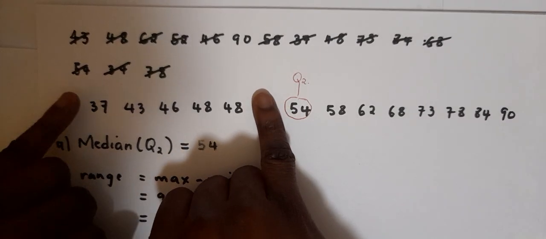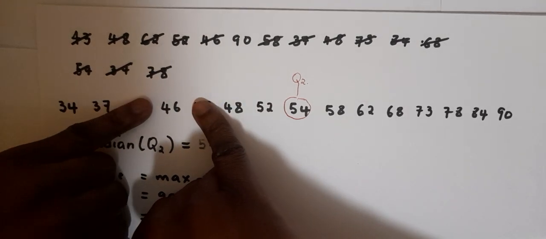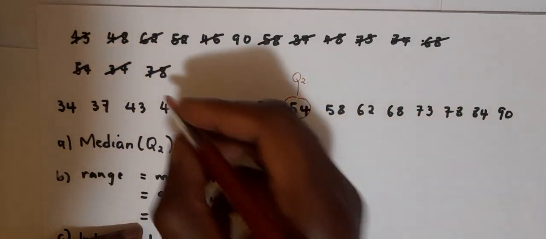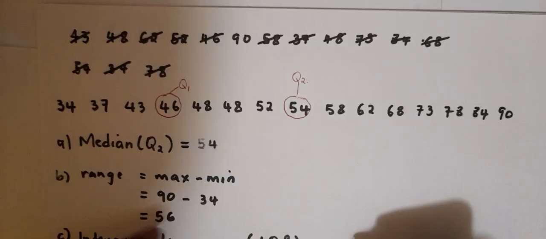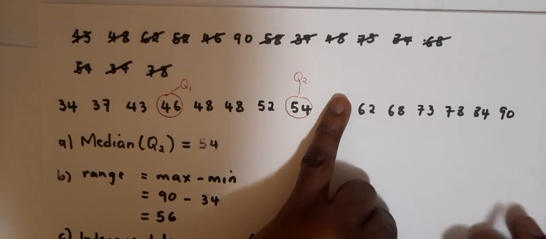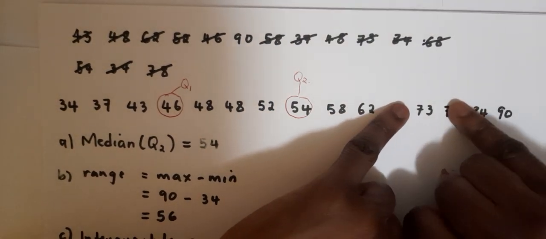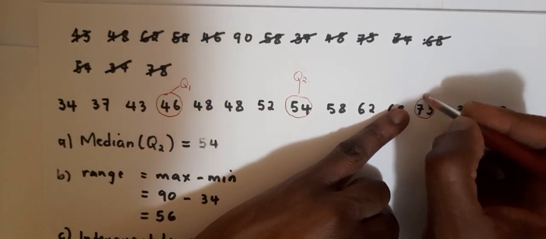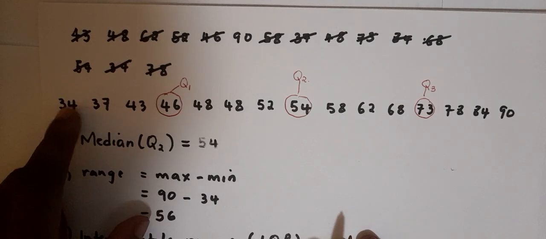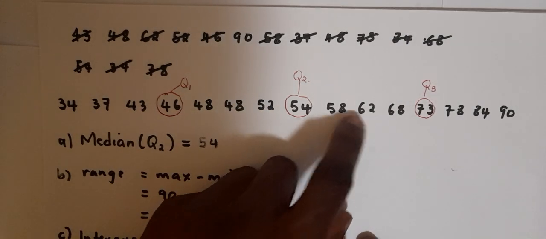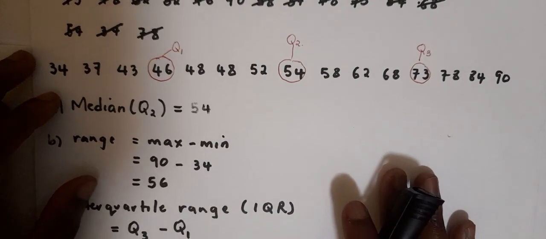Then we start closing this one and this one, this one with this one. And then 46 in this set becomes our Q1. We do the same for the upper data, pair this one with this one, this one with this one. The remaining one is 73, which becomes our Q3. Once you've done the check, 1, 2, 3, 1, 2, 3, 1, 2, 3, and 1, 2, 3, right?